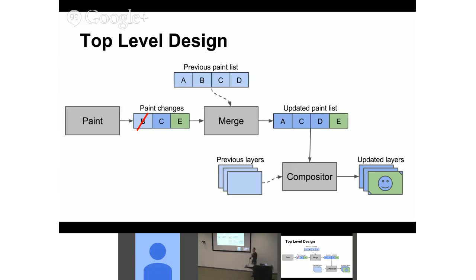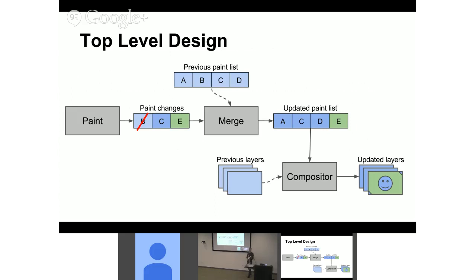Part of the top level design is this ability to reuse, and the way we plan on doing this is that when you invoke paint, you'll only look at invalid renderers. We know from style and layout calculations which objects actually changed. Only those objects will paint, so only objects that are known to change will generate new pieces of display list.